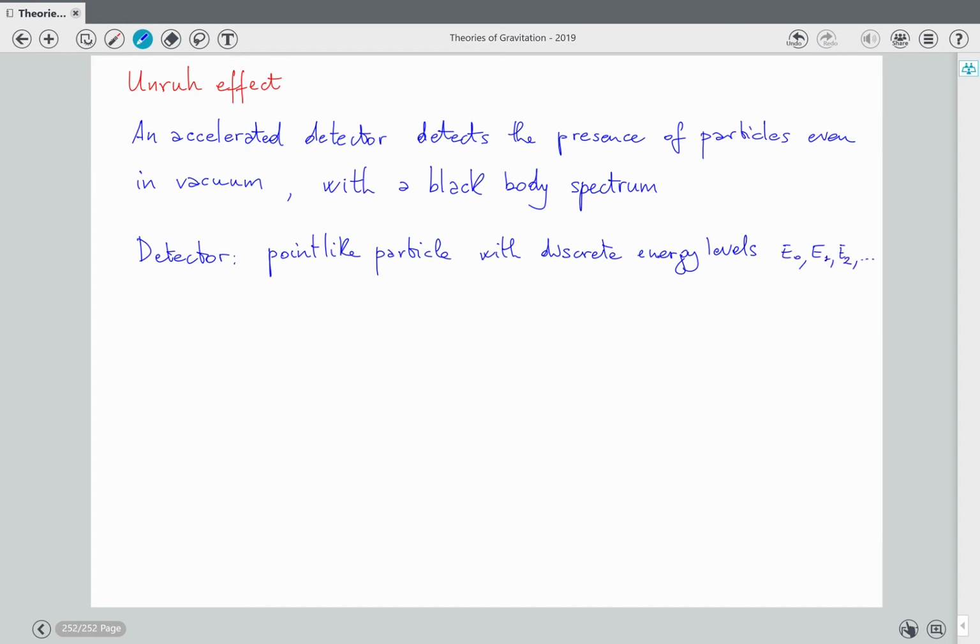Like an atom, a hydrogen atom, in the discrete part of a spectrum, and it detects something when it gets excited. So that's enough to detect something. Initially it will be in the ground state, and then we'll see when we accelerate it what happens.